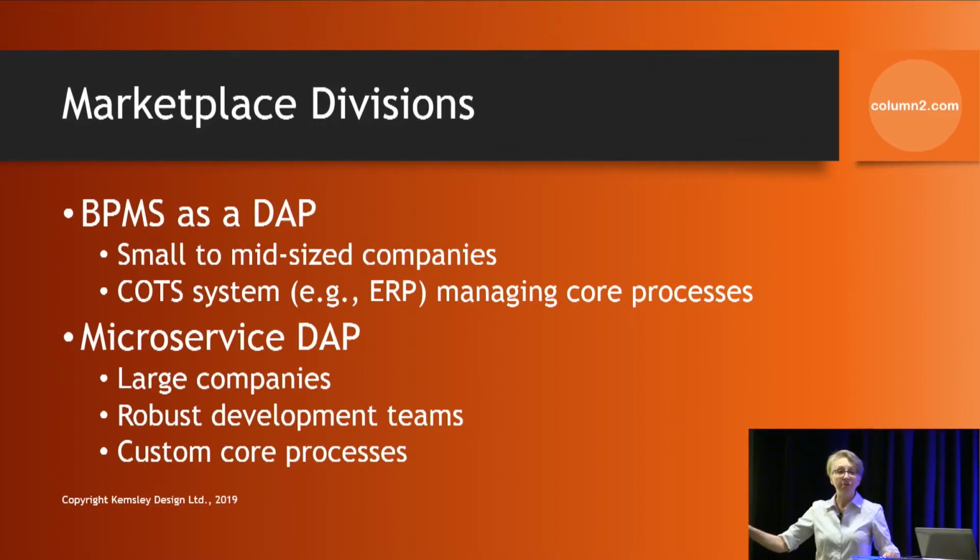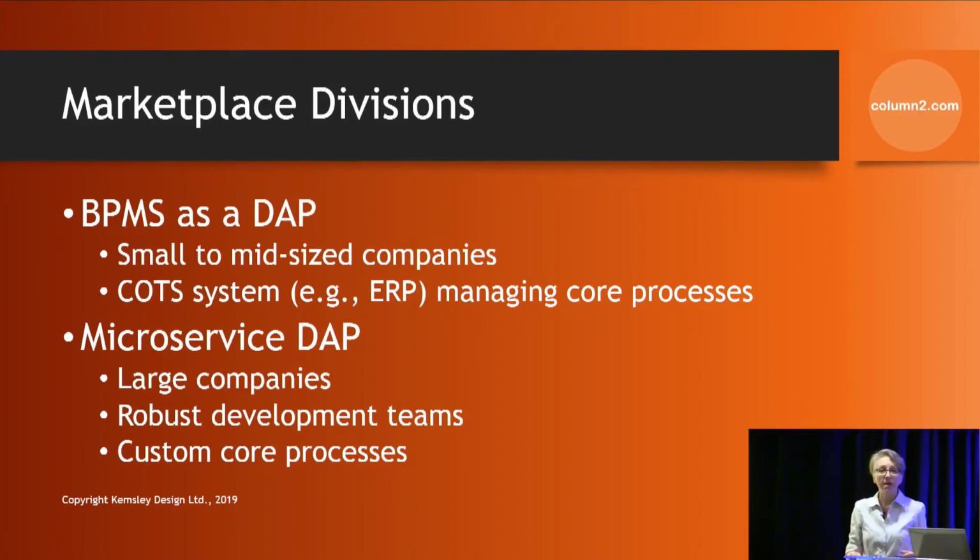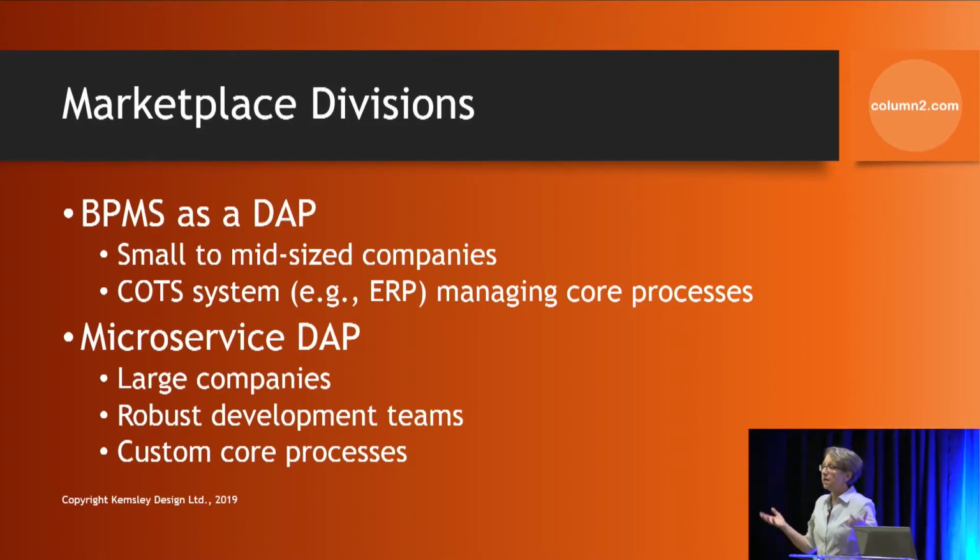So they might have a BPM system that they're using for certain types of non-core processes, and then something more like a microservice DApp for their core processes. And that's perfectly fine. You're not necessarily going to do everything on the same platform. By using the BPMS as a DApp, you get things like that low-code application development environment out of the box.